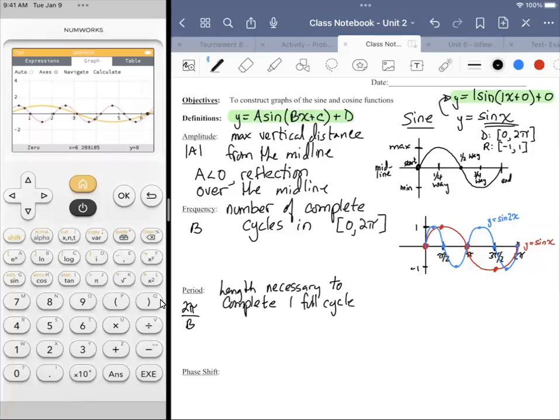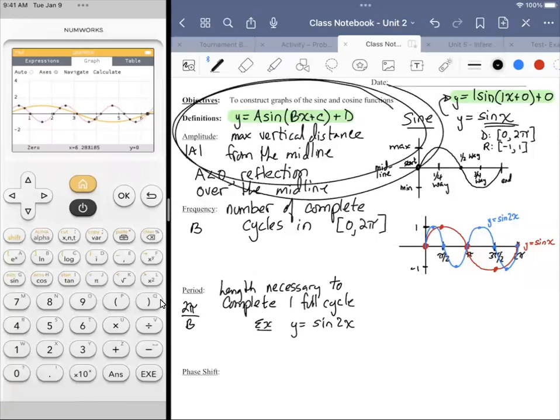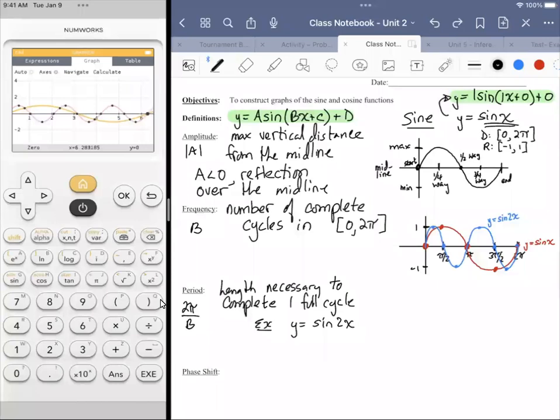So for example, if we had y equals the sine of 2x, and I write it using this model up here, that would be written as y equals 1 times the sine of 2x plus 0 plus d, which makes the b value equal to 2.